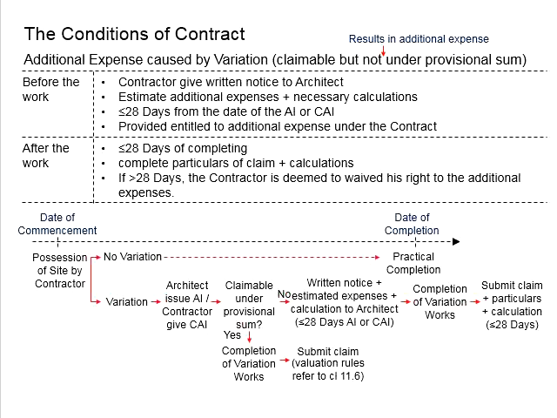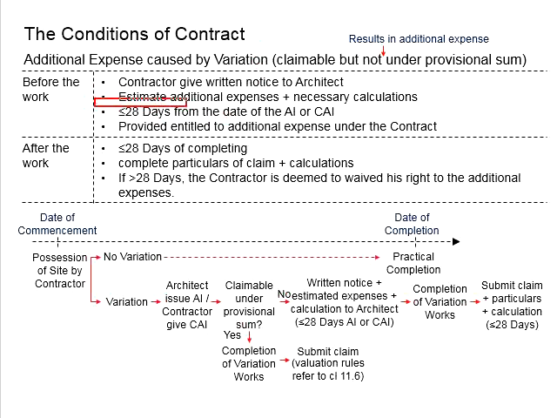The contractor has been made known of the requirement or the need to have these variations. Knowing the relevant scope, before doing the work, the contractor will need to give written notice to the architect with an estimated additional expenses plus the necessary calculations, demonstrating to the architect for the employer to know the estimated amount of the total expenses as a result of these variations.